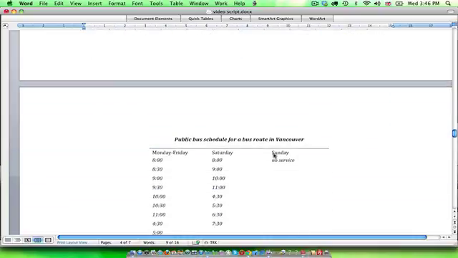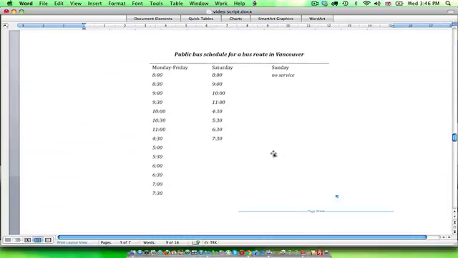Now the same is true when we look at a schedule. So sometimes you will be given something that is cyclical. So this is a weekly schedule for bus routes in Vancouver. And this would follow single data source structure. So we would only be writing in two paragraphs. The first paragraph would state what the source is.